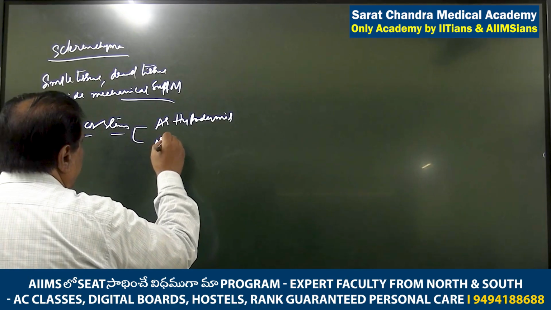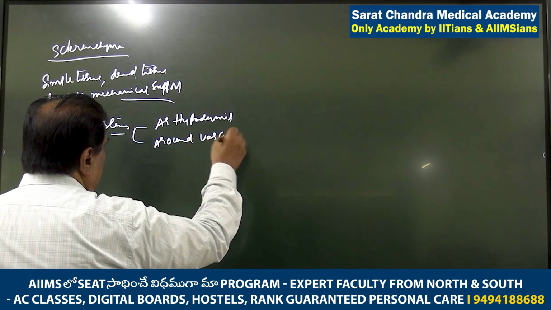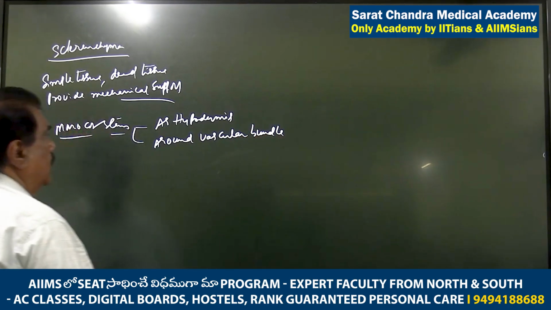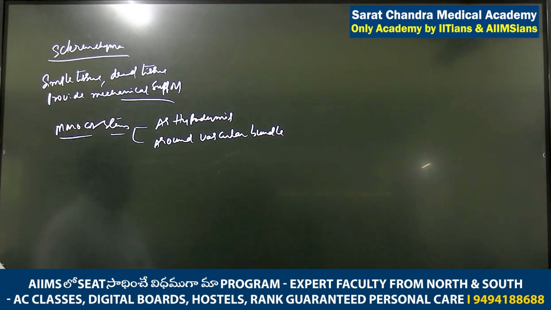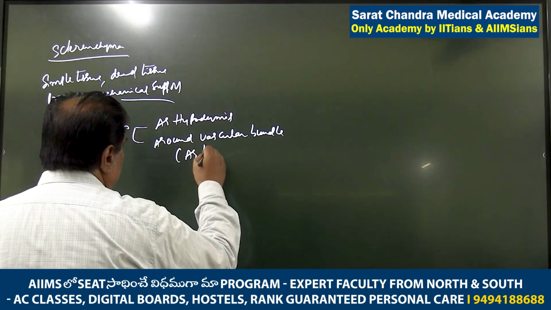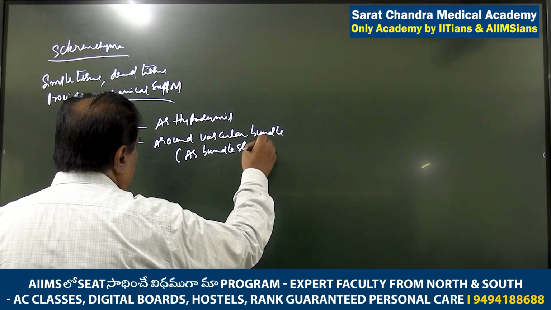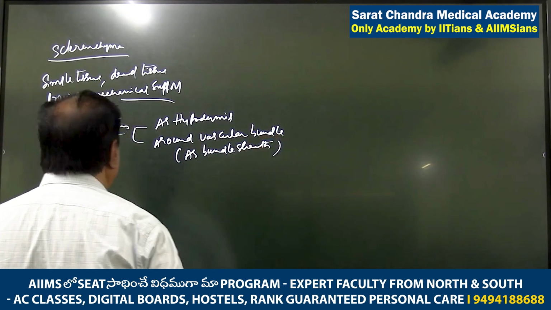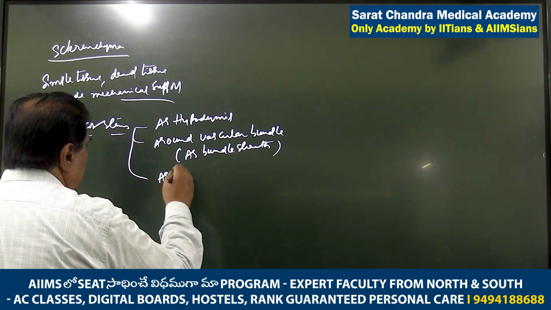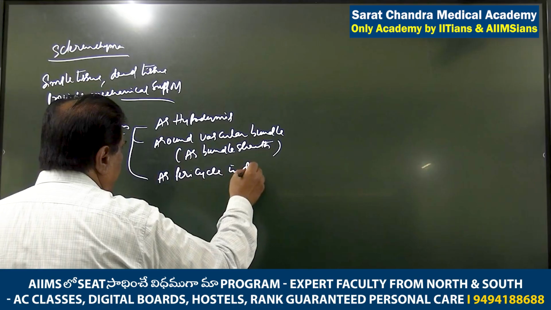It is also present around the vascular bundles, that is, as bundle sheath. It is also present as pericycle in the dicot stem.